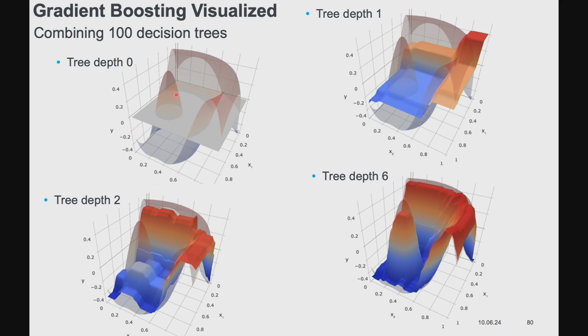The function here has this kind of funny head and then becomes large in the surrounding. A tree of depth 1 then allows you to have this kind of staircase that goes in several directions for this original complex function. And as the tree depth increases, you see how you better and better approximate this quite complicated function.